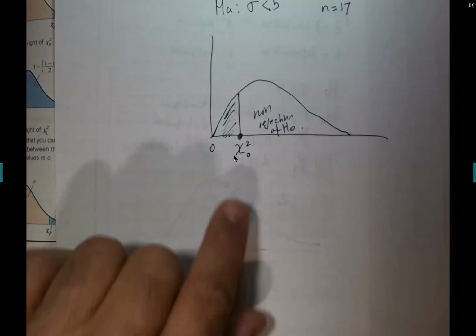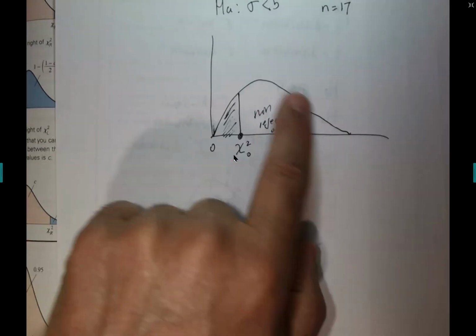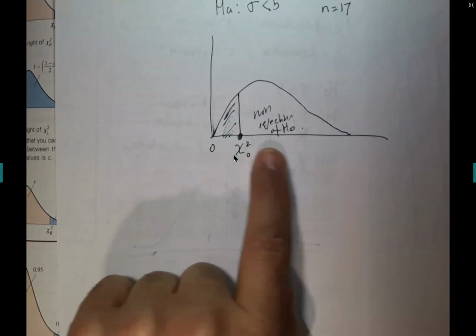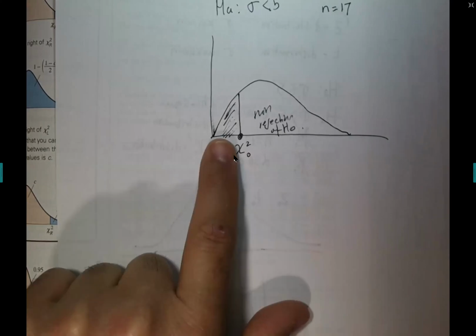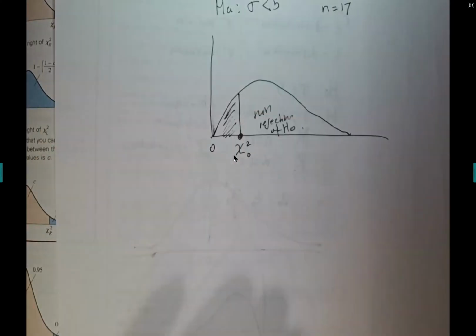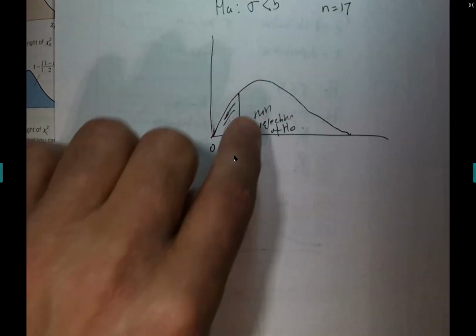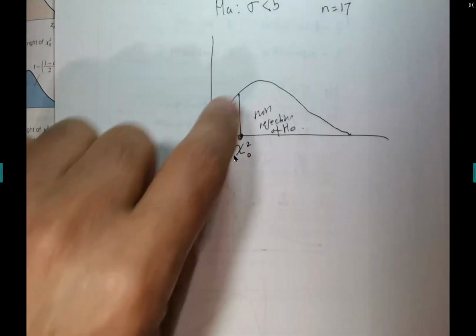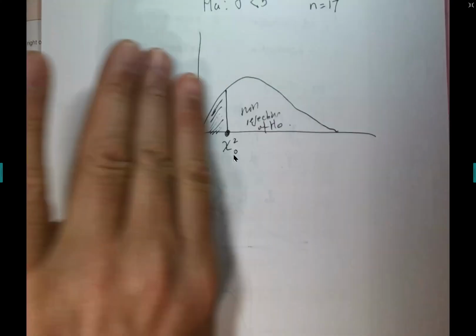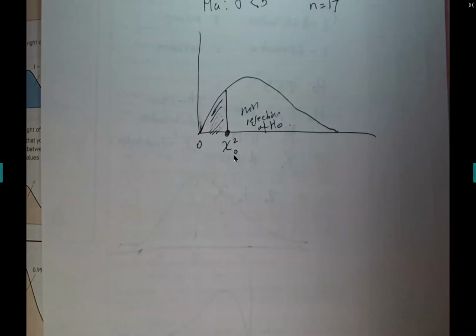So the critical value splits the curve into two regions. In one region, you reject the null hypothesis. In the other, we don't reject. The smaller regions by the tails are where we reject the null hypothesis.